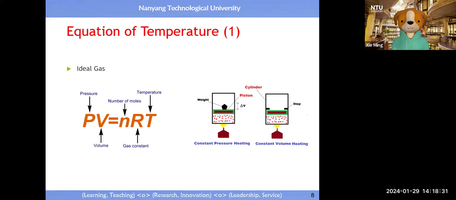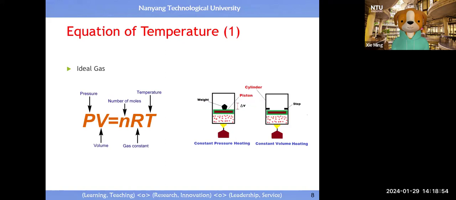Let's say we have an ideal gas. You understand all material could exist in one of three popular states: solid, liquid, and gas. All right. So if the object is in the state of gas, then we have the equation of ideal gas.